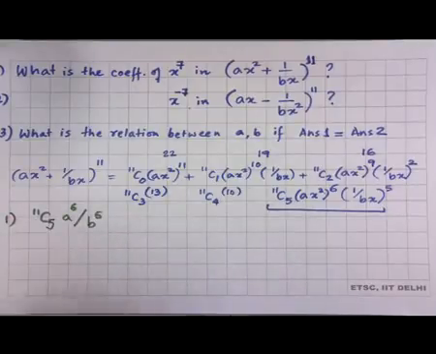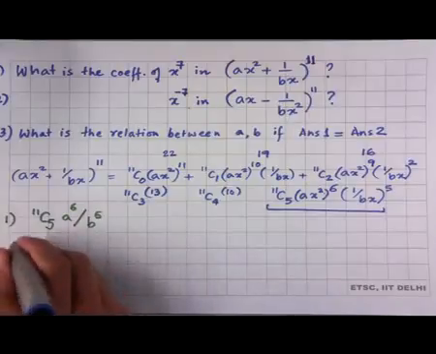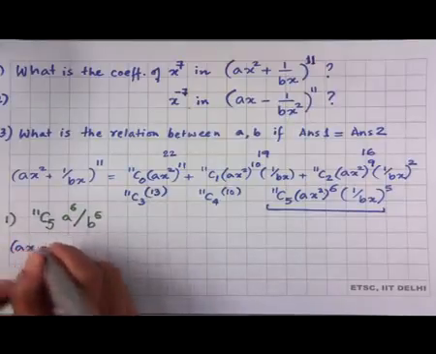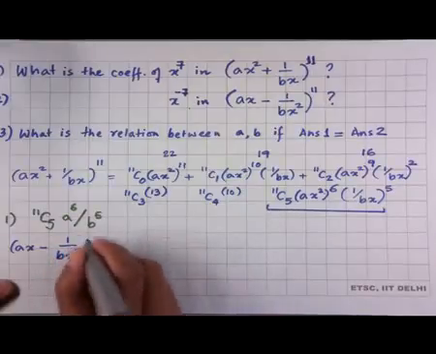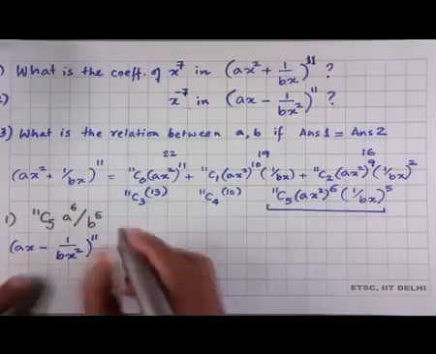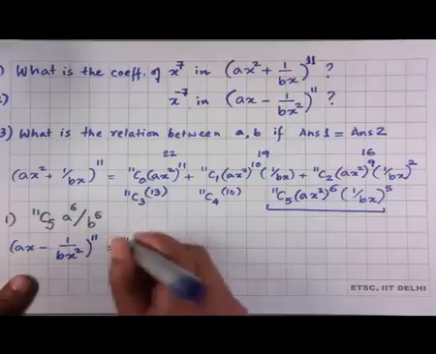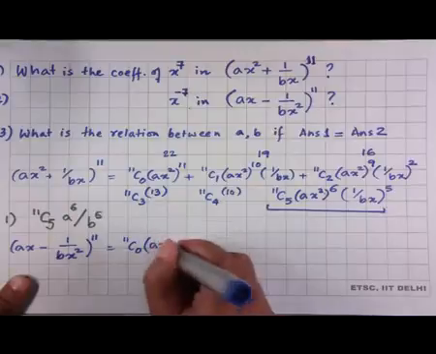Then let us try question 2. What is in my question 2? (A x minus 1 by b x squared) whole power 11. Slightly twisted, there is a minus as well. Okay. And 11 C 0 (a x) whole power 11.